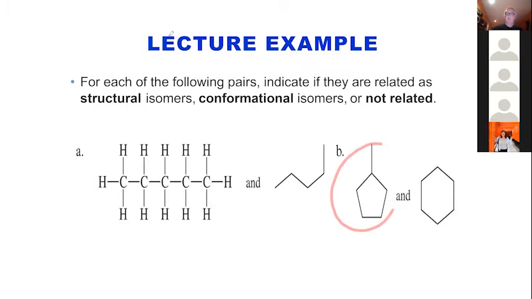Now, let's look at the second one. I've got this molecule and this molecule. This one has 1, 2, 3, 4, 5, 6 carbons, and this one has 6 carbons as well. So they would have the same formula. There's no double bonds. They're all single bonds. So they should have the same number of carbons.